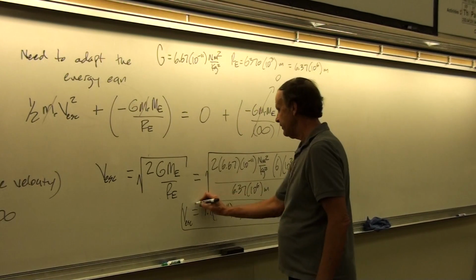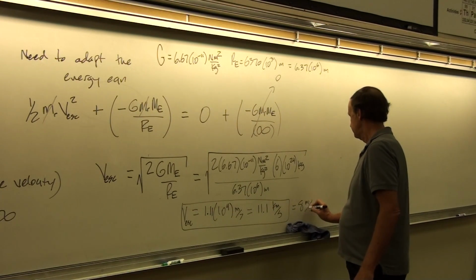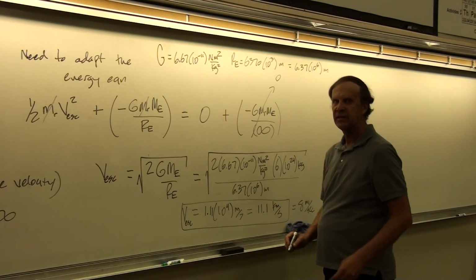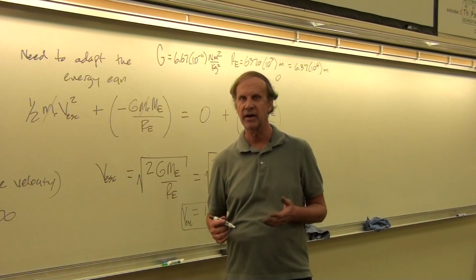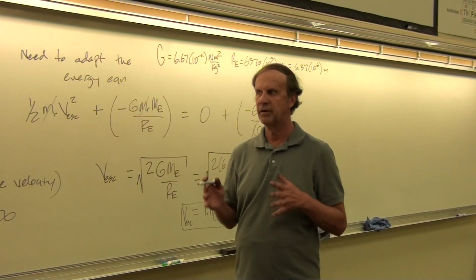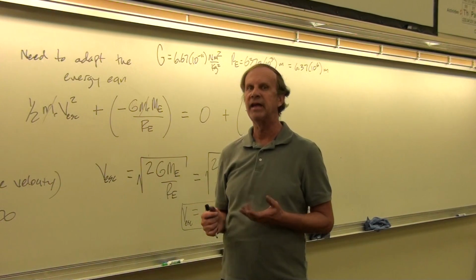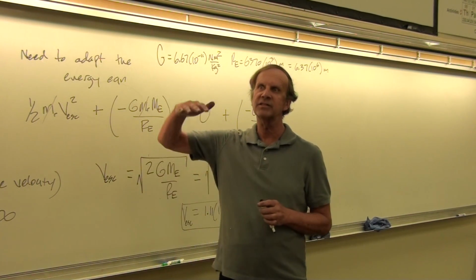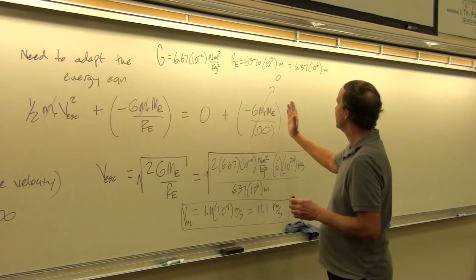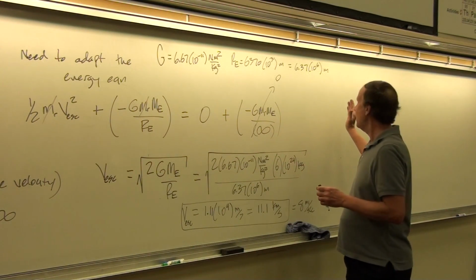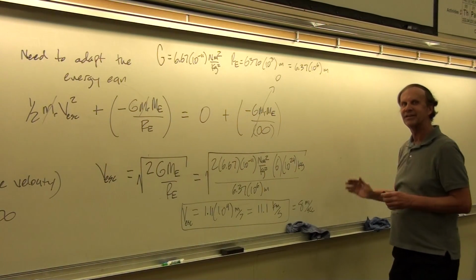Now this is roughly 8 miles a second. So if I don't have air resistance, and of course we're removing air resistance from the calculation, and I throw this thing up at a speed of 8 miles per second, it can just escape the Earth's gravity and then slowly slow down until by the time that it gets all the way out to infinity, it just comes to rest at infinity.